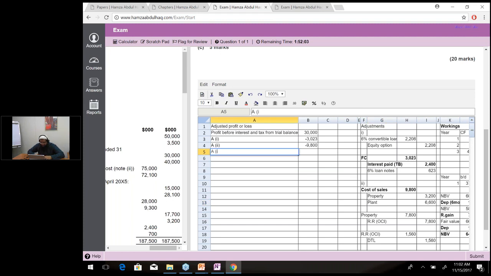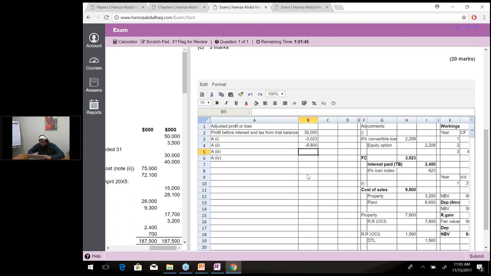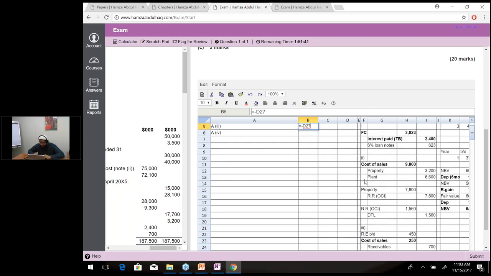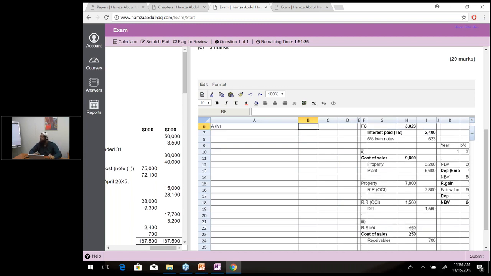Similarly, there will be some impact from adjustment number 3, and there will be some impact from adjustment number 4. If I refer to adjustment number 3, we have debited the cost of sales by 250. So debit cost of sales will decrease my profits, increase cost of sales and reduce the profits.